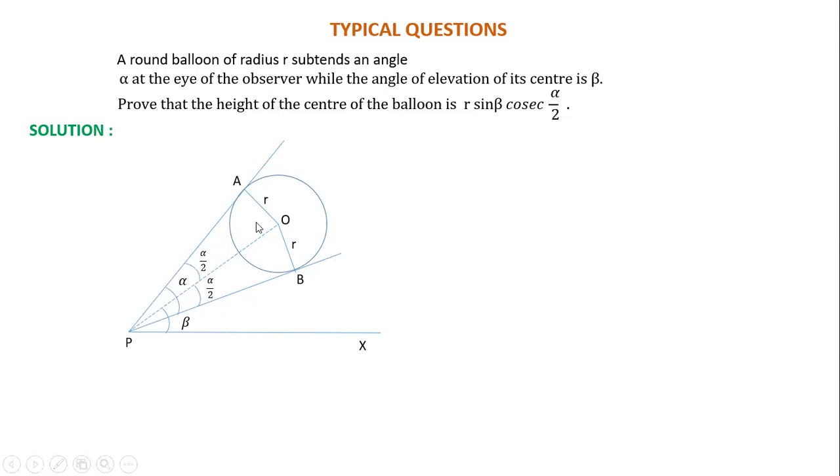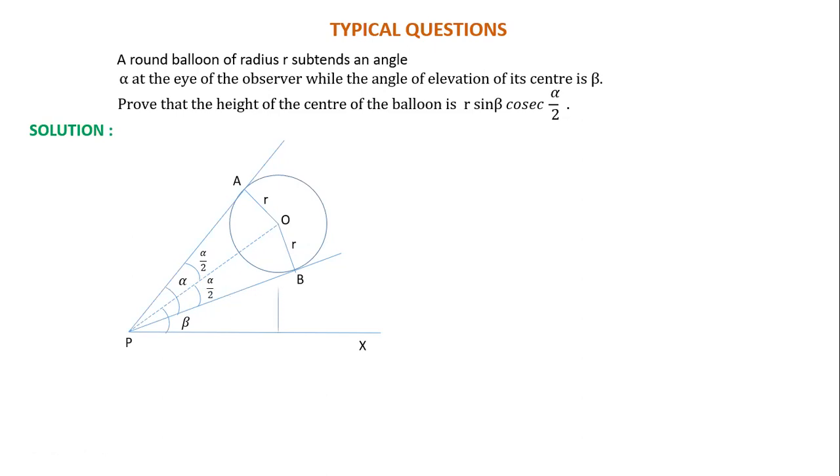Therefore this angle is 90, this angle is 90. By SAS congruency, these two triangles are congruent, so these two angles must be equal. The total angle is alpha, so each should be alpha by 2. You don't have to prove that, just write it as alpha by 2.